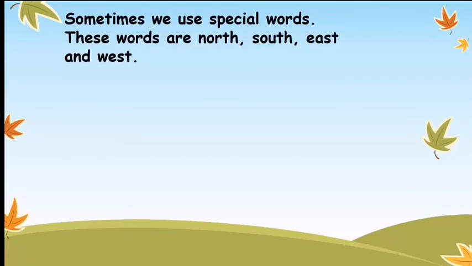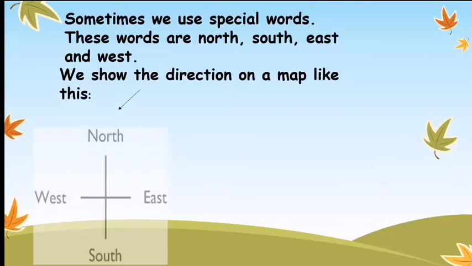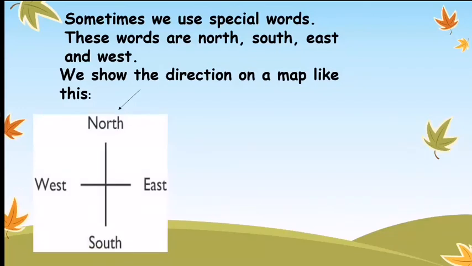These are special words: north, south, east and west. These are special directions that remain the same no matter what your placement is, so there are 4 directions. We show the directions on a map like this: north, south, east, west.